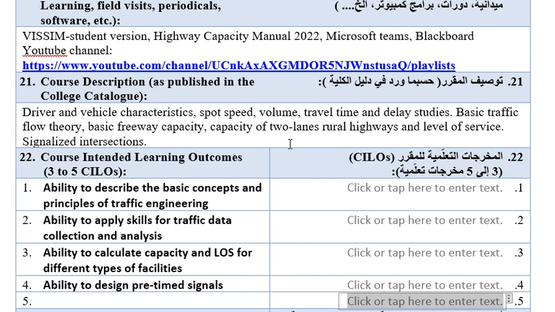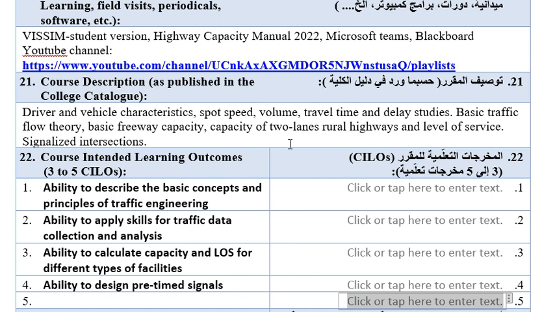Then we have the capacity analysis. We will look at different types of highways. What are the differences between them? How to calculate their capacity? What factors affect their capacity?